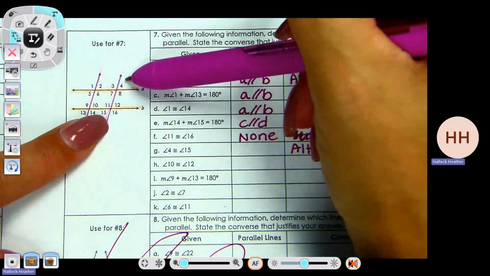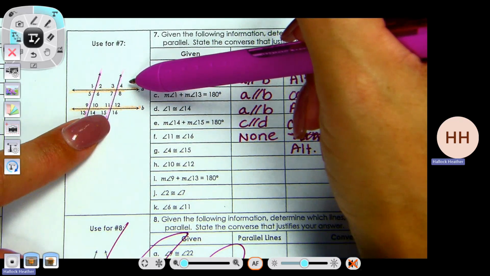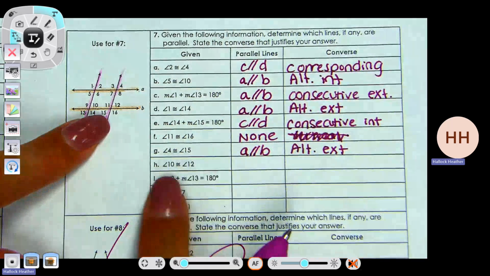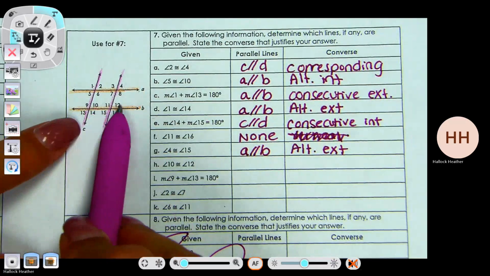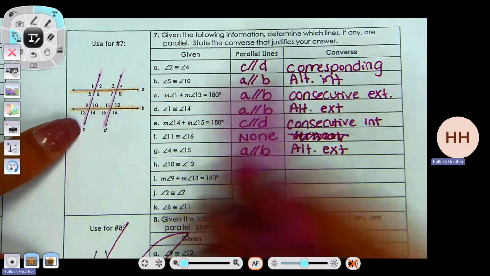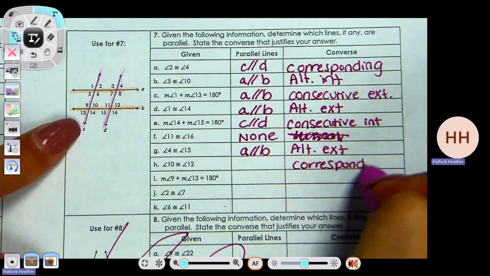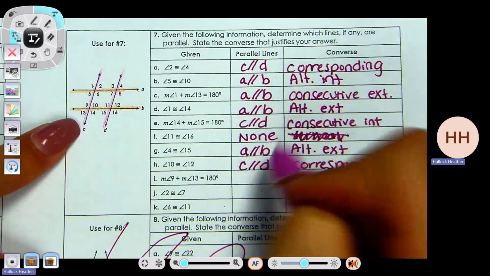For 4 and 15, what 2 lines do you need to know are parallel? A and B. For 10 and 12, what are these? Corresponding. Which 2 lines do you need to know are parallel? C and D.